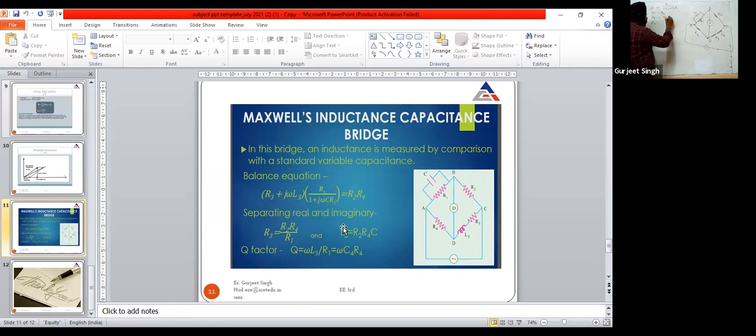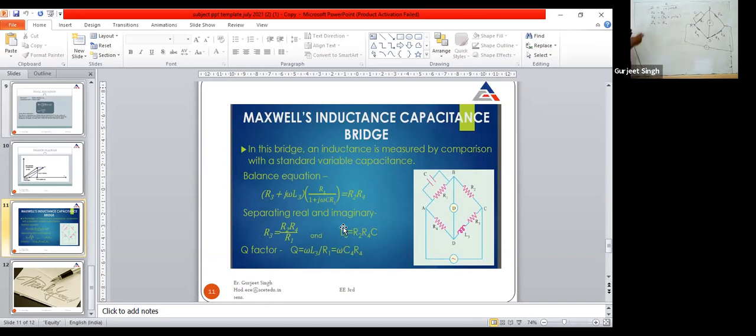So we will write R3 plus j omega L3. This is what we did in the Maxwell inductance bridge also. This j omega L3 is the inductive reactance. Z4 is a resistance R4.